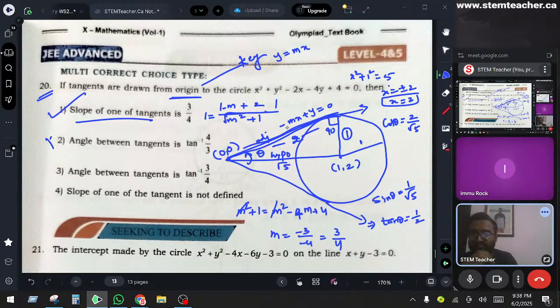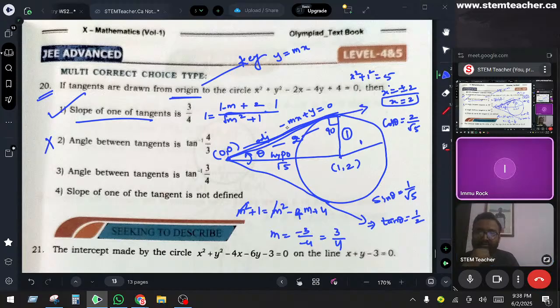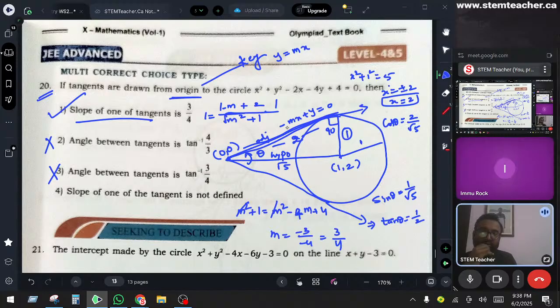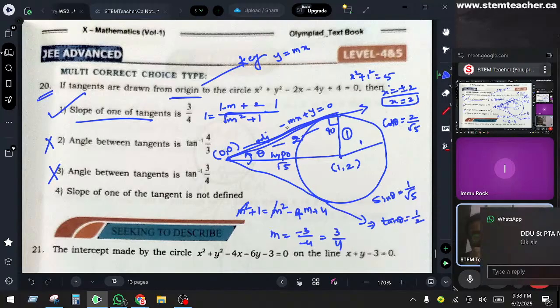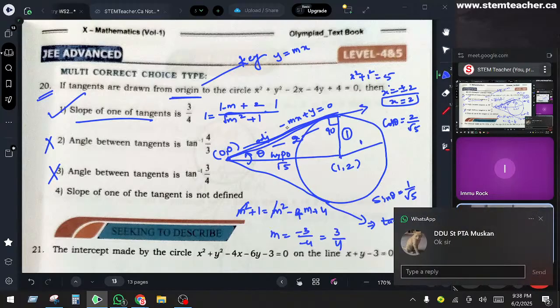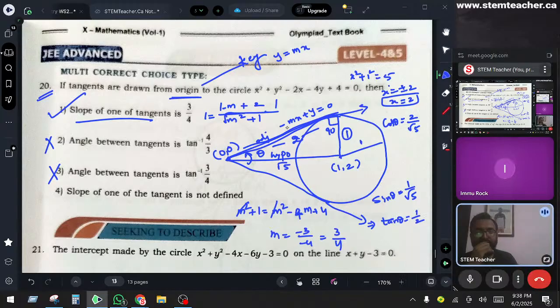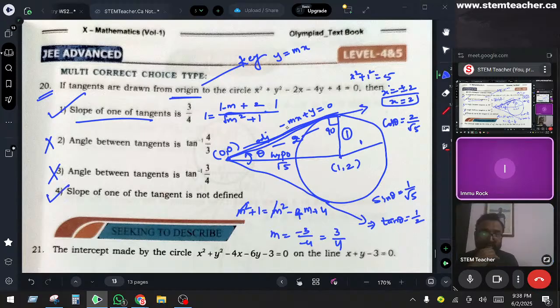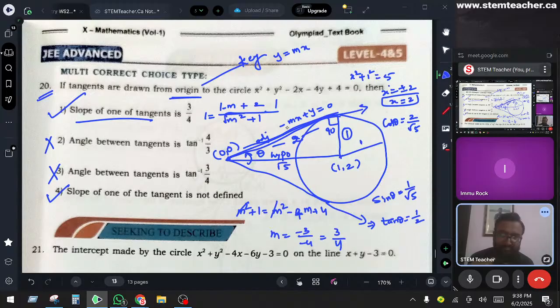This is wrong, angle between them, this is also wrong. Slope one of the tangent is not defined. Why is it not defined? It is not defined because we got only one slope, this second slope never came. See, m square has been cancelled, okay, so it could not be drawn.